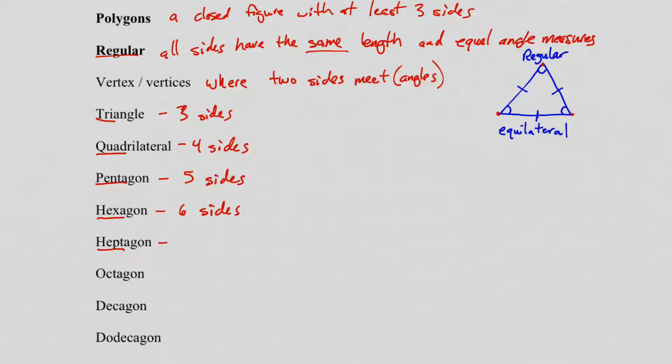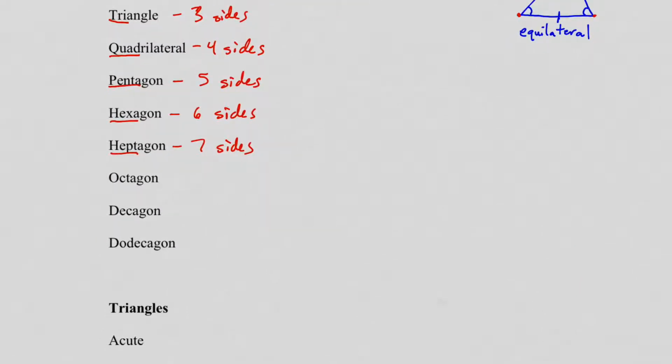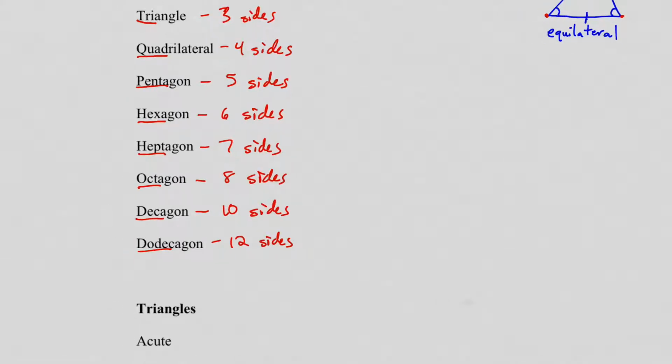Heptagon, 7 sides. Octagon, 8 sides. Decagon, 10 sides. Dodecagon is 12 sides. Okay, and we actually skipped, for some reason, the nonagon is not here, which is 9 sides, and that'll go basically right in there.